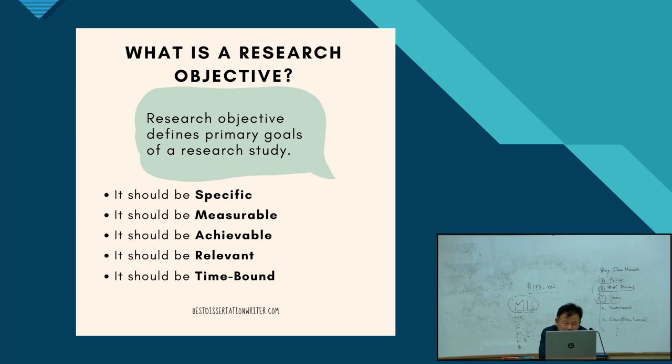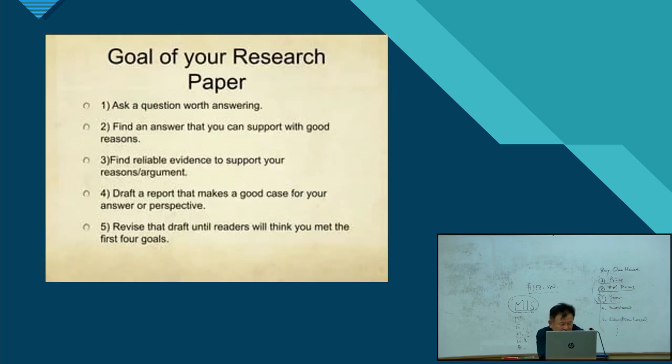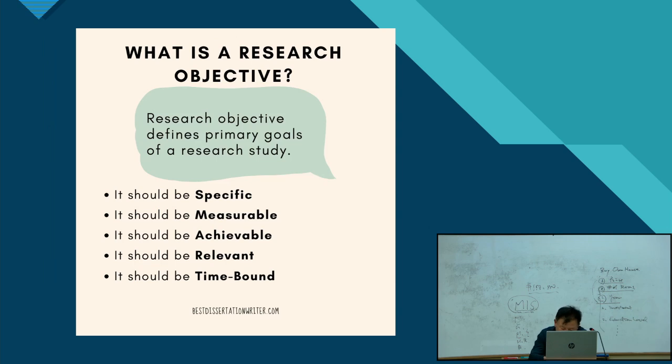So that's why research papers should be specific, measurable, achievable, relevant, and time bound. These are the basic components of research paper objectives. Another expresses the goal of your research paper. It's the same as the objectives.